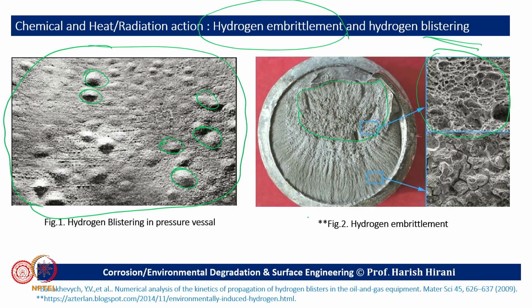If I try to draw on the surface, at some depth there is some hydrogen embrittlement, and some crack is getting generated and connected with this blister. There is a possibility the crack will propagate this side, and this side, and this surface will get detached from the other surface.